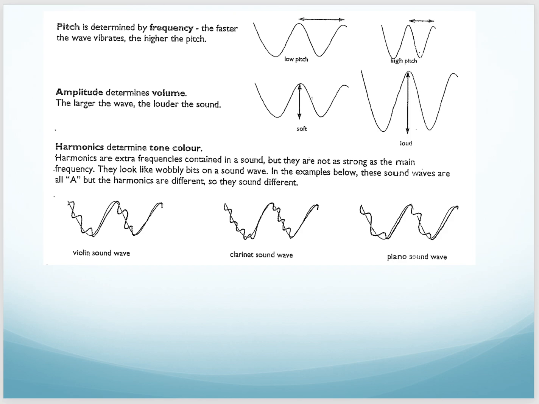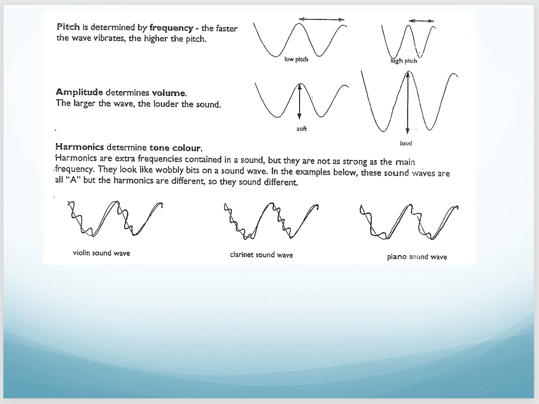Okay, so pitch is determined by frequency. The faster a sound wave vibrates, the higher the pitch. Low pitch, high pitch. Amplitude determines volume. The larger the wave, the louder the sound. Harmonics determine tone color. Harmonics are extra frequencies contained in a sound, but they are not as strong as the main frequency.